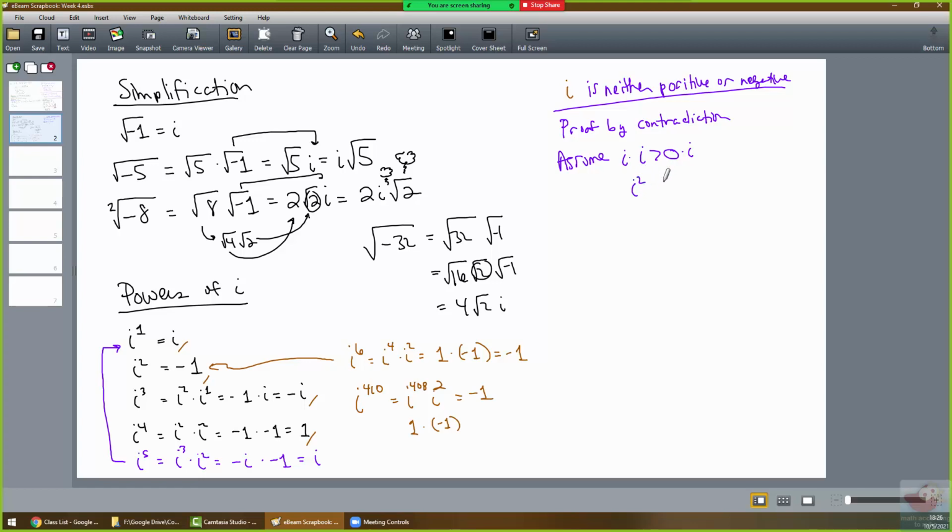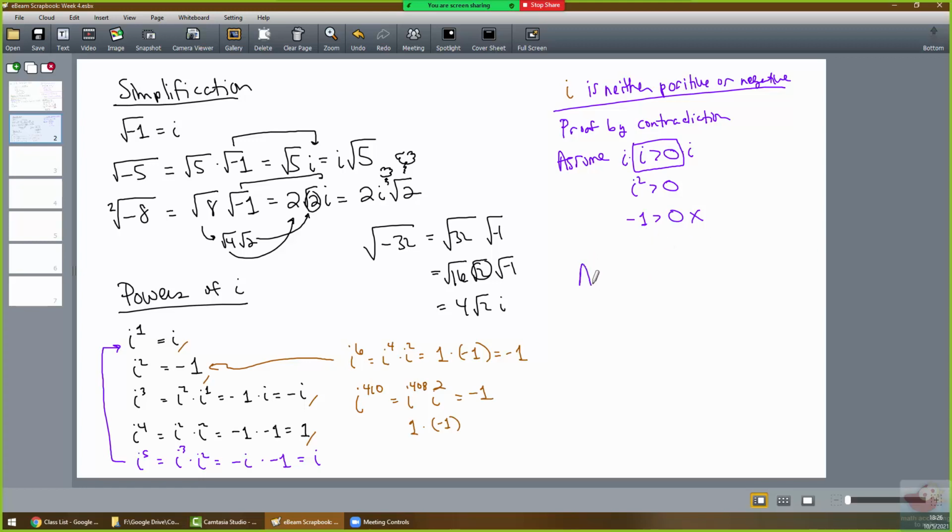Very good. And 0 times i is 0. But by definition, i to the second power is negative 1. And notice we have a mistake here. It says that negative 1 is greater than 0. And we know that's not true, which means that our assumption that i was greater than 0 was wrong. So that says i is not positive.